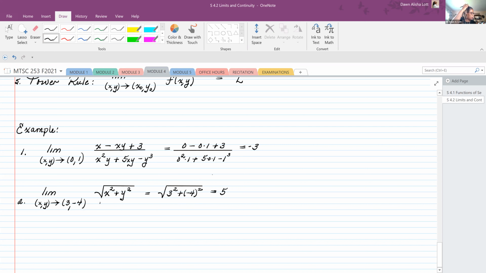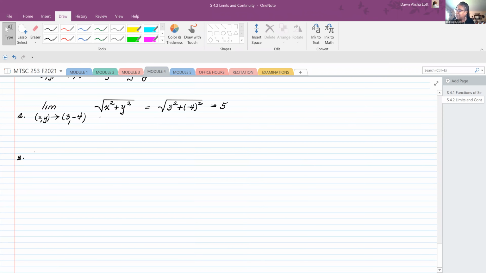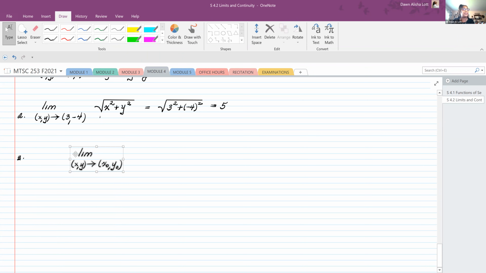Okay, let's try another one. Number 3. Notice all of these work out nicely. We haven't gotten to anything ugly yet. That's good. Of course, that comes next. Okay, you do all the pretty stuff and then you get the ugly stuff.